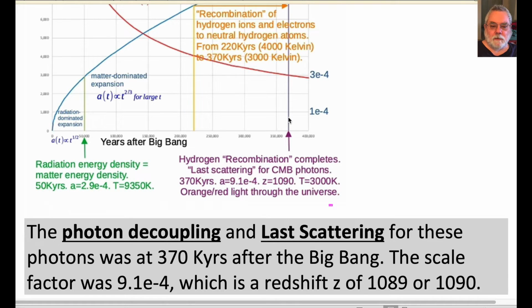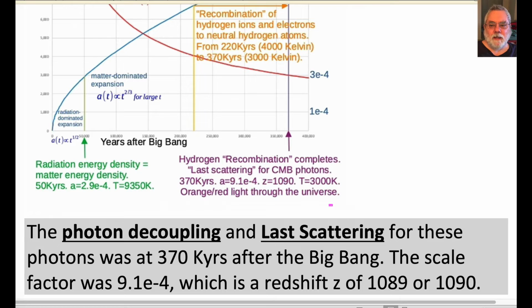The scale factor was 9.1 by 10 to the minus 4, a redshift z of 1089 or 1090. At that time, the entire universe was filled with photons that would look orange or red to us, but so intense that we would be quickly cremated.